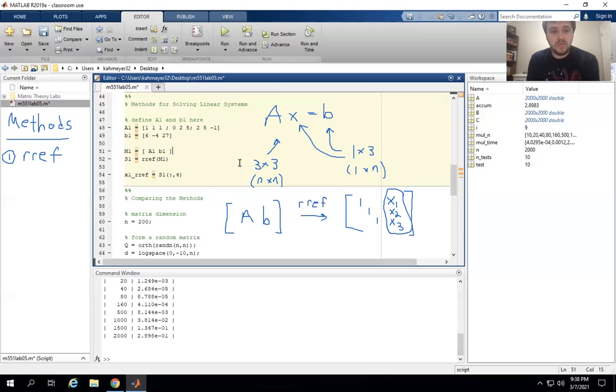And now I can define a variable x1_rref to be S1, but not all of S1, right? What does this notation mean? This means I want all rows, and what does this 4 mean? It means the 4th column.